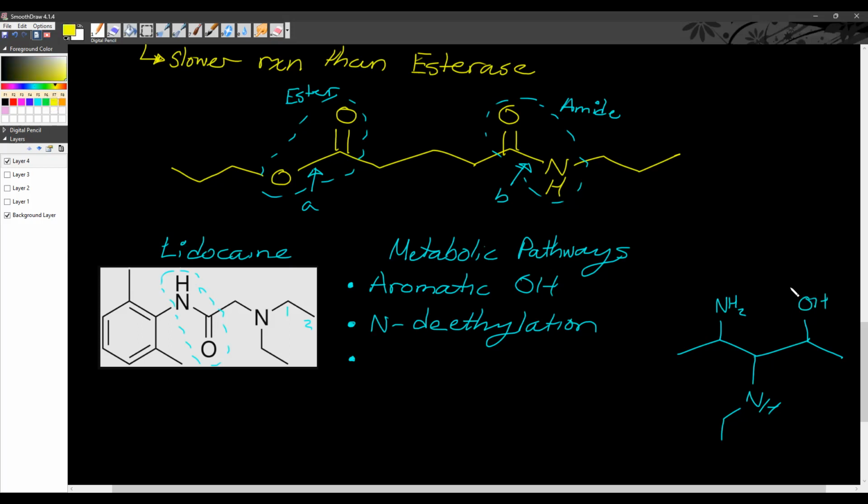What's important to note is that this is an amine. Here we have an amine, and here we have a hydroxyl group.